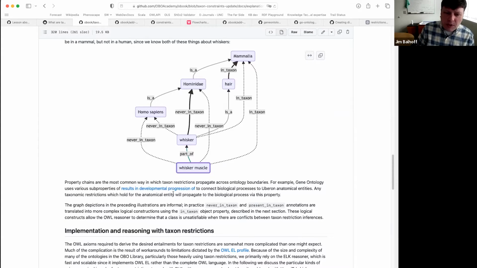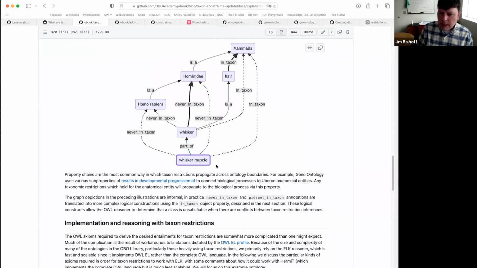So there'll be different kinds of processes in GO that are developmental processes that result in the development of some structure. So there's this relation, results in developmental progression of, which has a property chain with in-taxon as well. And so whatever taxon restrictions are in Uberon on those terms will then apply to all the processes that relate to those anatomical structures.